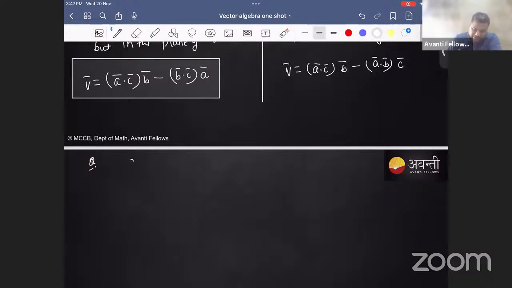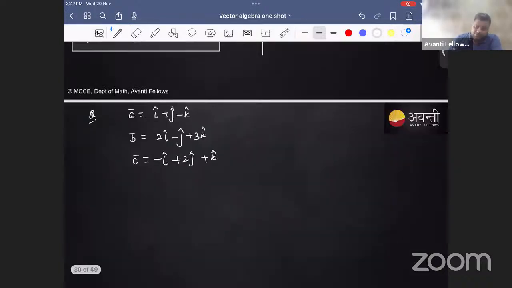For three vectors, A is I cap plus J cap minus K cap, B is 2I cap minus J cap plus 3K cap, and C is minus I cap plus 2J cap plus K cap.